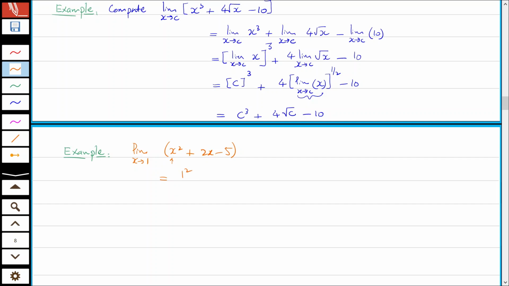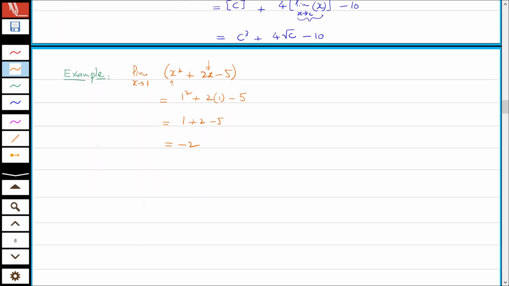I have a square outside. 2, limit of x again is equal to 1. When x is going to 1, 2 is a constant multiple that can be pulled out. I'll get 1. Minus 5 is a constant. That stays as it is. This equals 1 plus 2 minus 5. Our limit value is equal to negative 2. So now we can do it a little bit faster because we know the limit laws and we know how they apply over here.